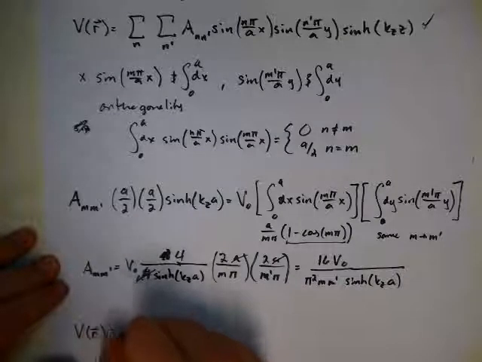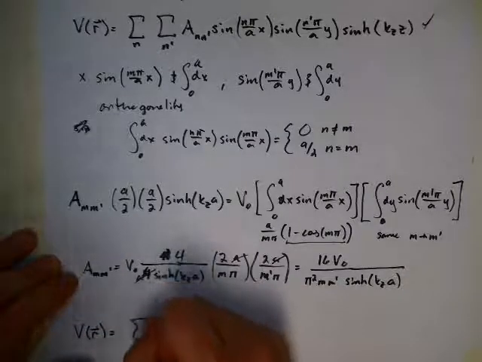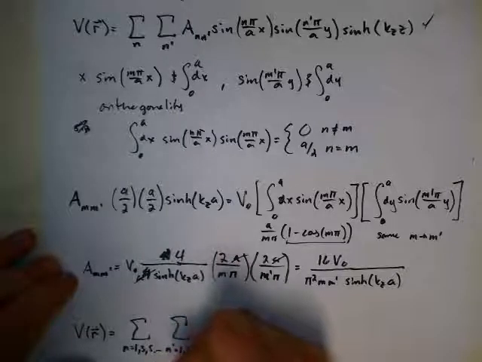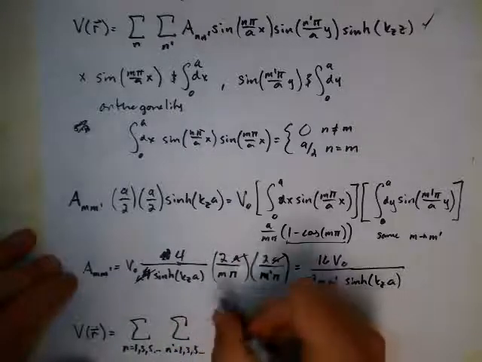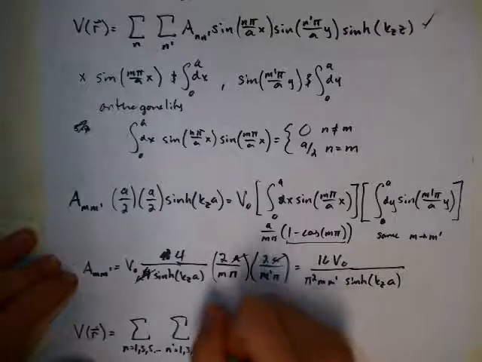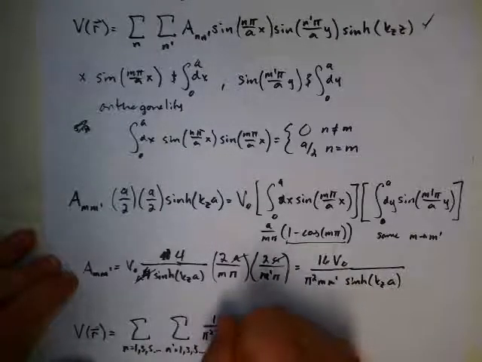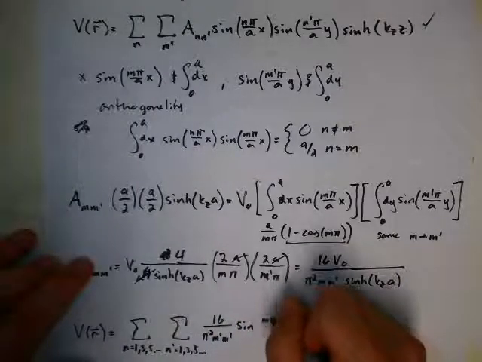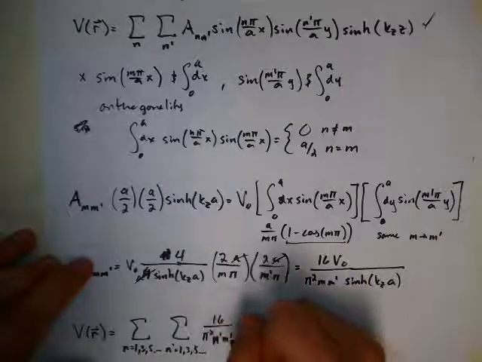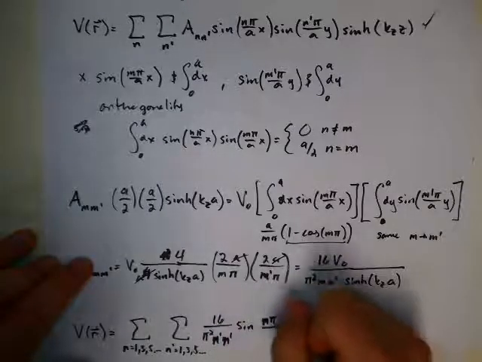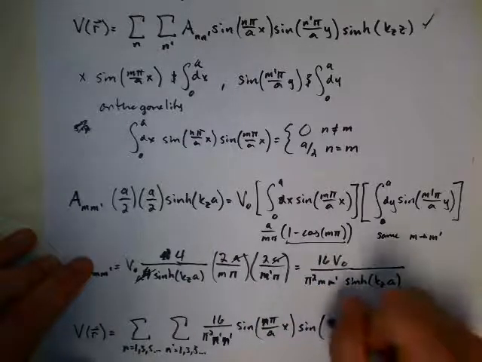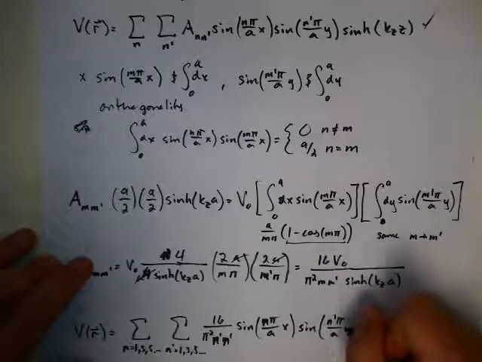So my v is going to be the sum n equal to 1, 3, 5, and so on, sum n prime equals 1, 3, 5, and so on. And then I'm going to get 16 over pi squared m prime n prime sine of m n pi over a x times the sine of n prime pi over a y.